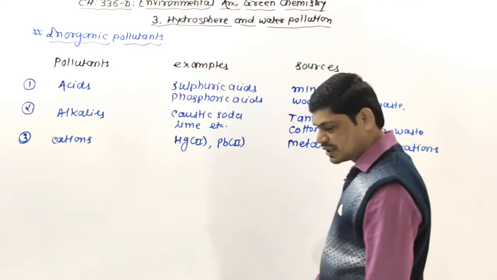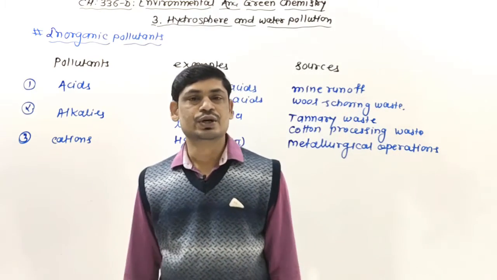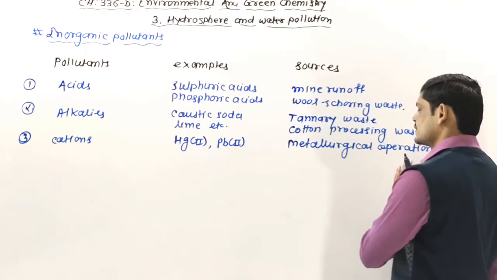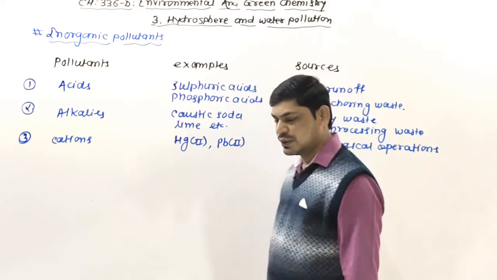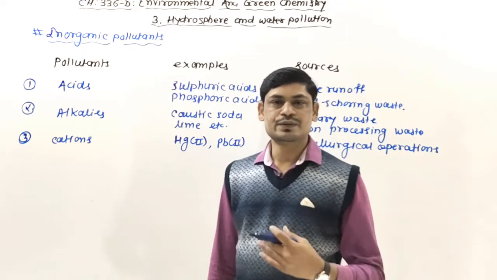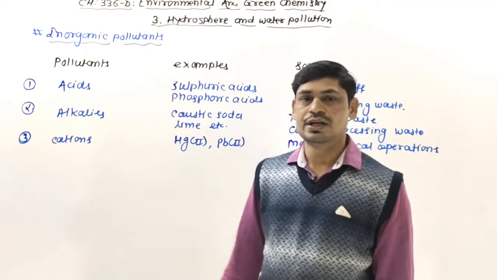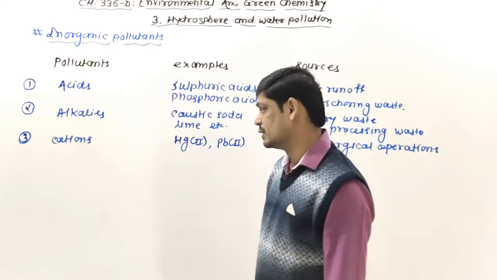We know that metallurgy is nothing but the process of extraction of a metal from its ore. So a number of steps are there during the extraction. The entire process is known as metallurgy, and a number of different types of metallurgies are also there.